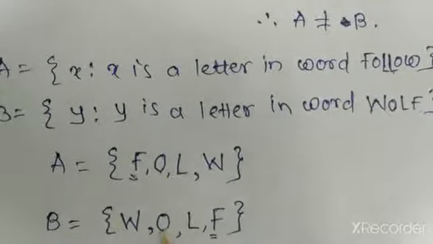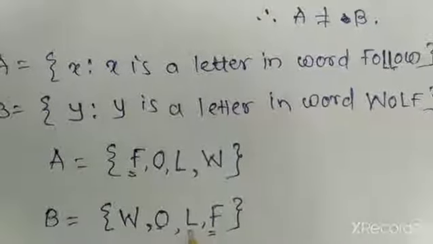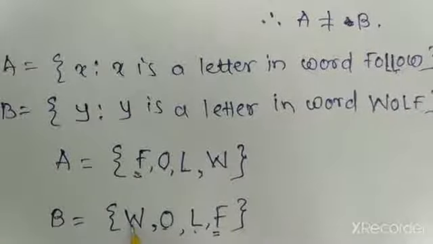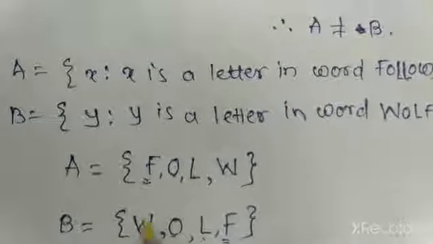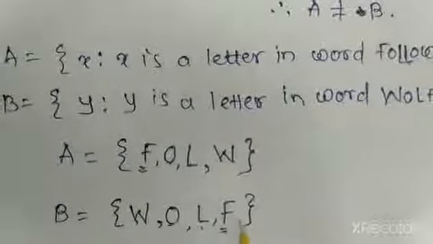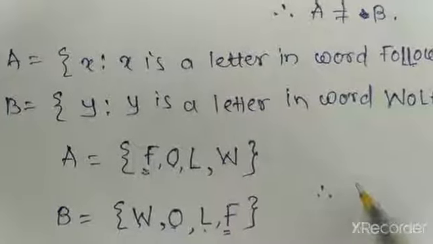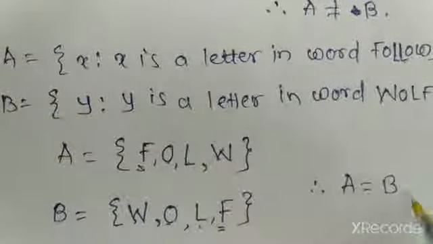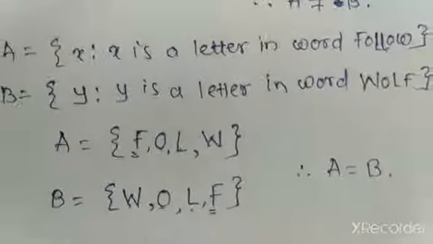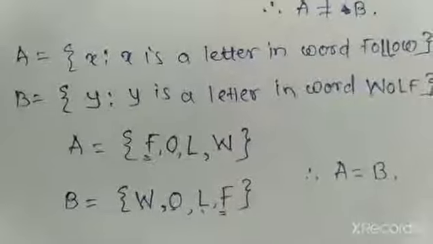O is present in both sets. L is present in both sets, and W is also present in both sets, and both sets contain 4 elements. So by observation we can say that A is equal to B, because both sets contain the same elements.